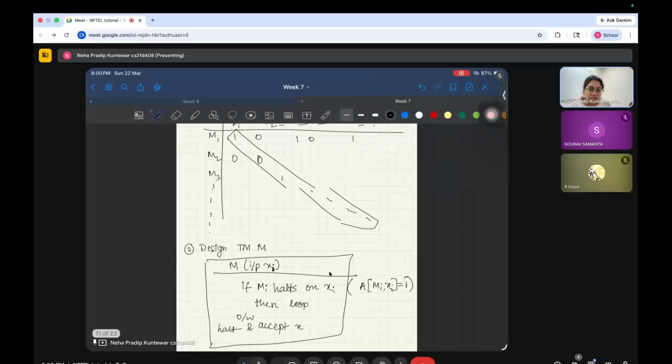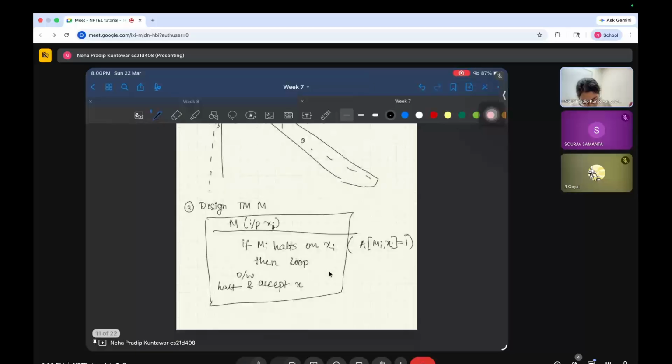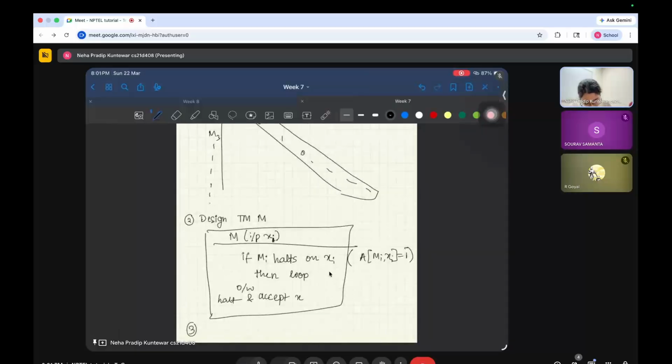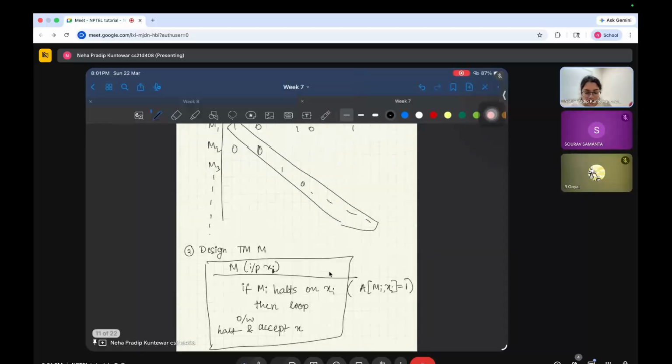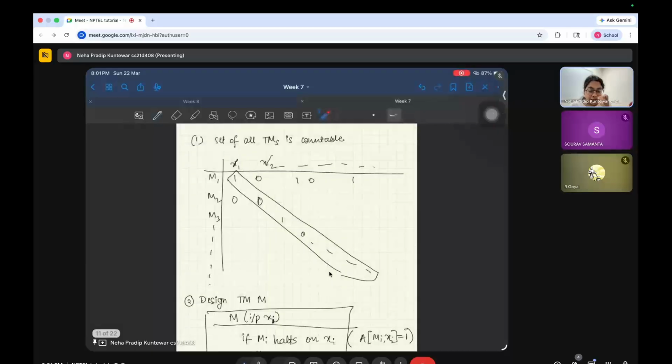So where is the contradiction happening? We are going to say that m is a Turing machine, therefore it should be somewhere here, right? Because we said that the set of all machines is countable, therefore m must be somewhere here. Agreed?